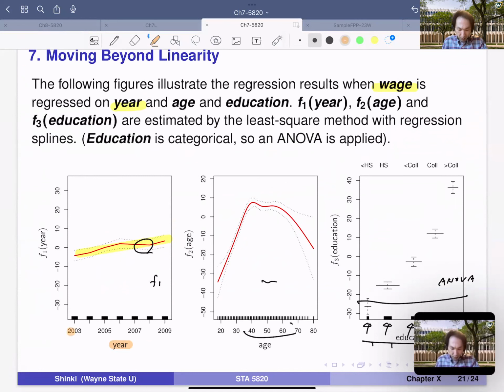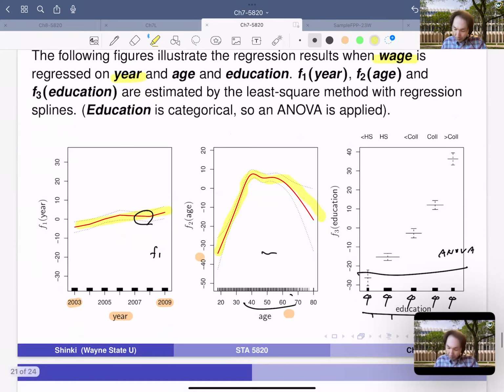You can see that for the later year, 2009, we have a slightly larger wage. And the age and the wage have a more complicated relationship, as we discussed before. Wage for ages 35 to 60 is higher than for younger or older ages.